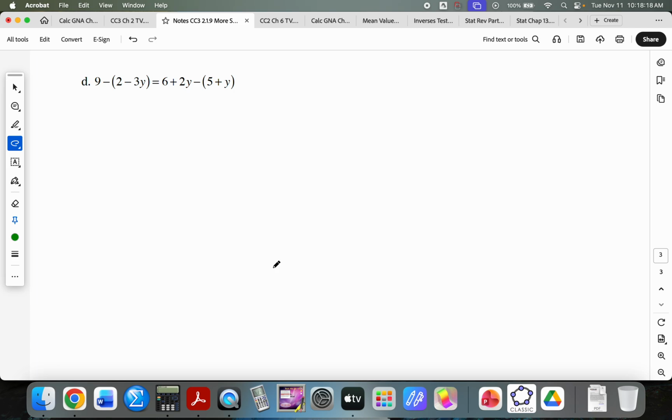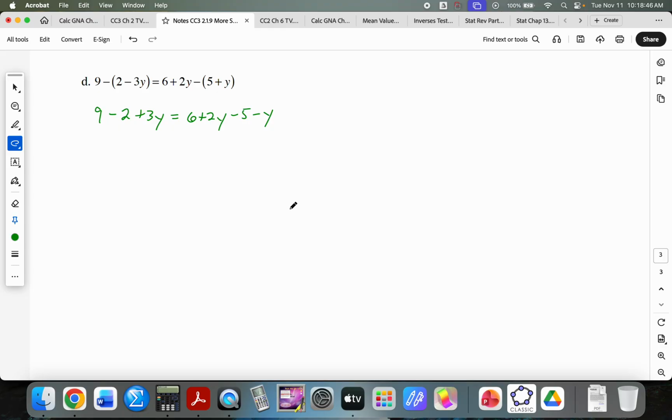All right, one more. For this, we're going to do what we've been doing, flip the negative region up, so it'll be 9 minus 2, and then what? Plus 3y equals 6 plus 2y, and then what?